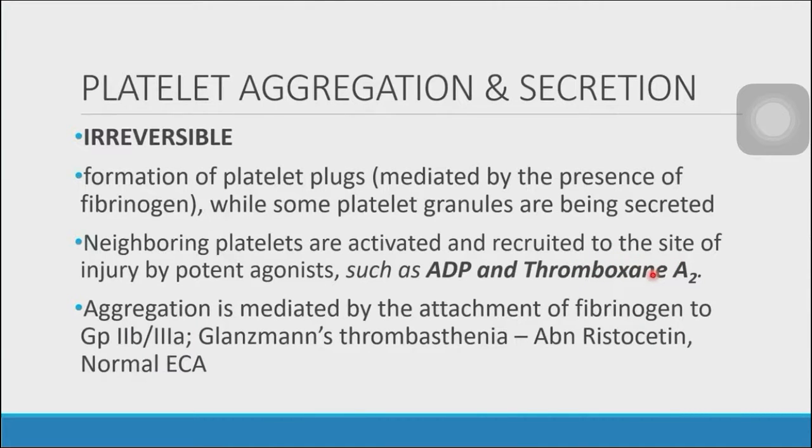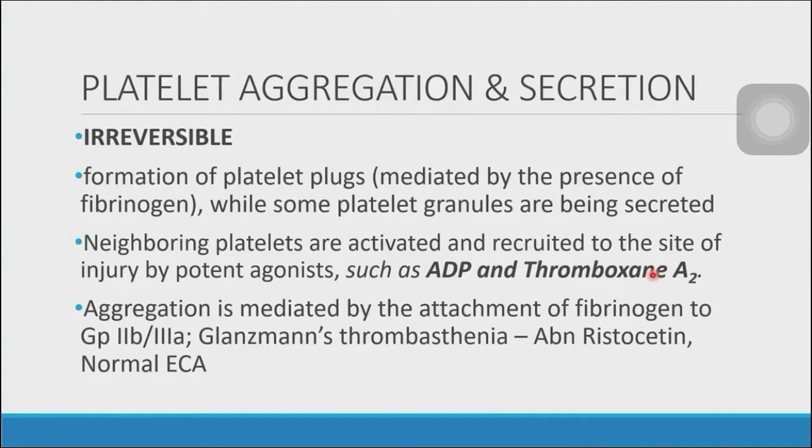So again, anong drug yung nag-inhibit sa formation ng thromboxane A2? We have yung aspirin. Aspirin inhibits the enzyme cyclooxygenase, which is needed for the normal production of thromboxane A2. So again, these two granules are potent agonists required for platelet activation and recruitment.